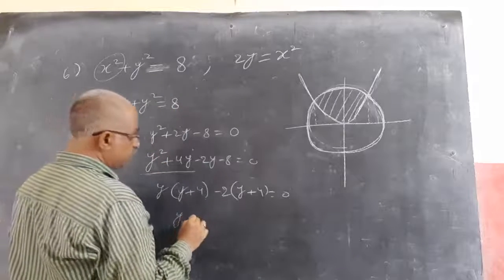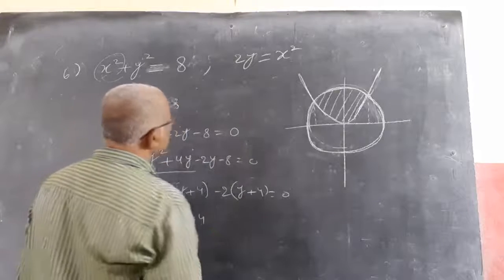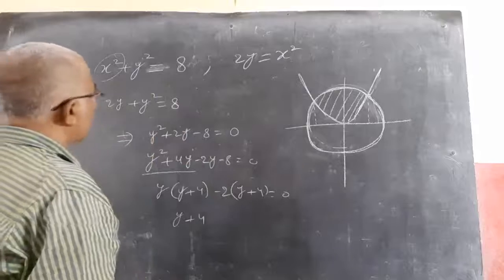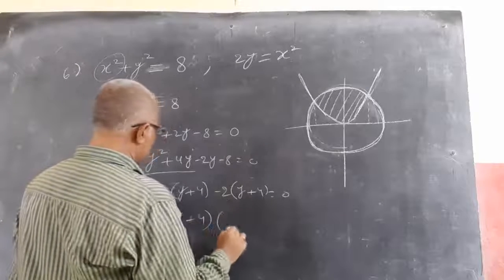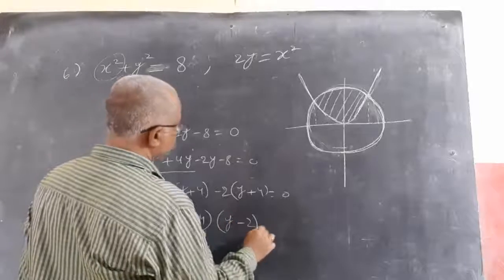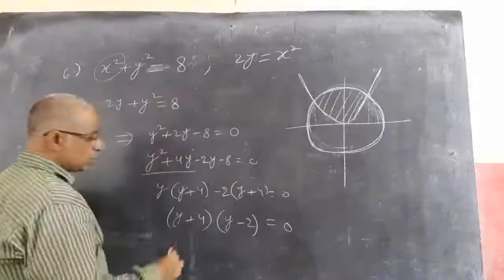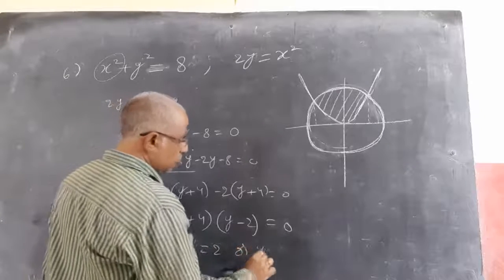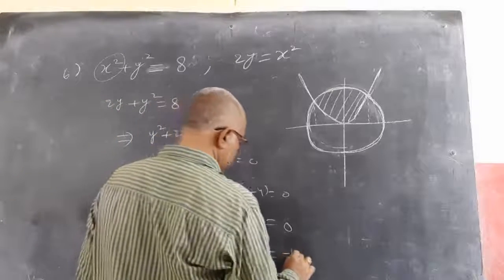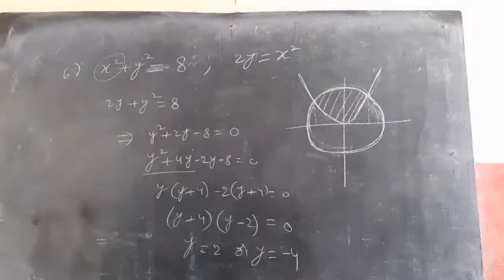So y plus 4 into y minus 2 equal to 0. So y equal to 2 or y equal to minus 4.